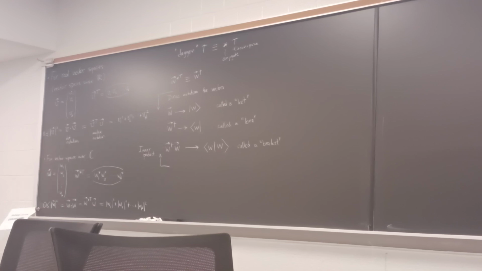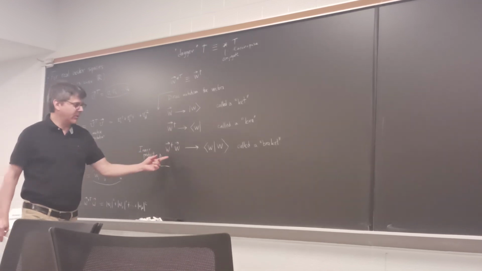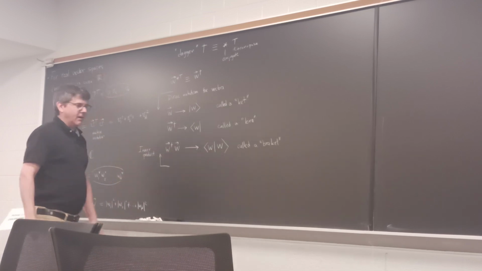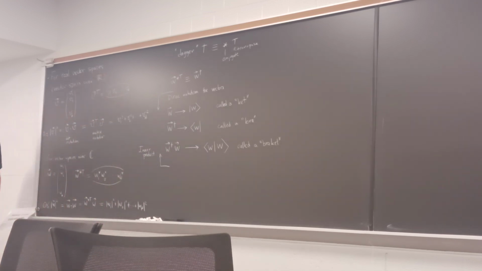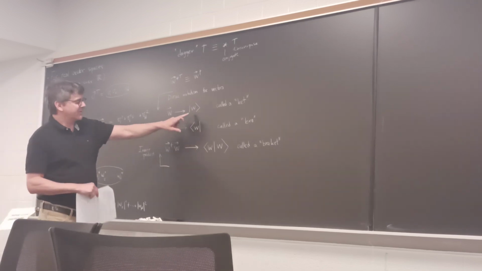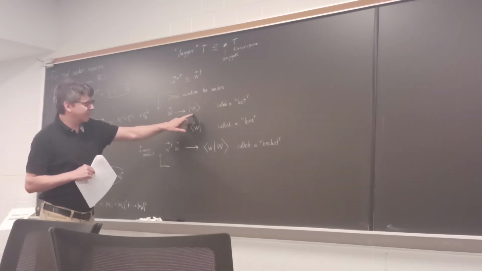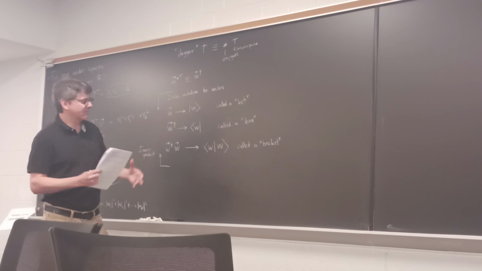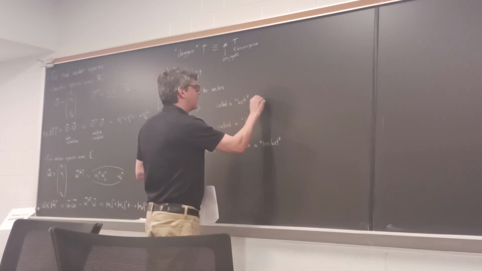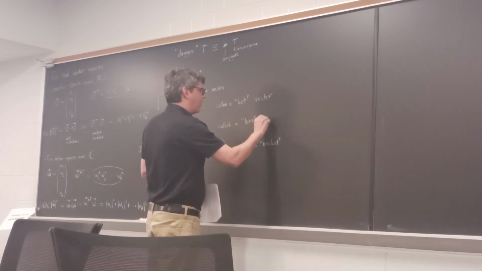Here, it's just kind of superfluous because we already know what we mean by this, but it's a very, very powerful notation. Okay, so that's the difference between a ket vector and a bra vector.